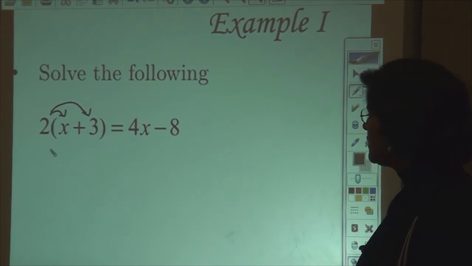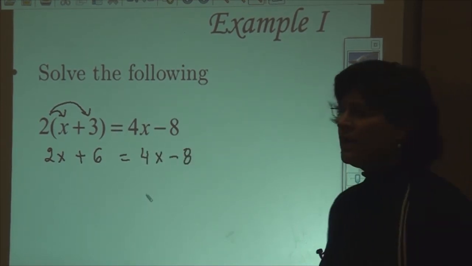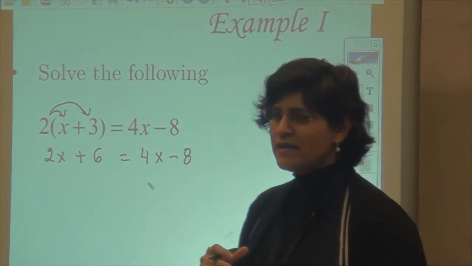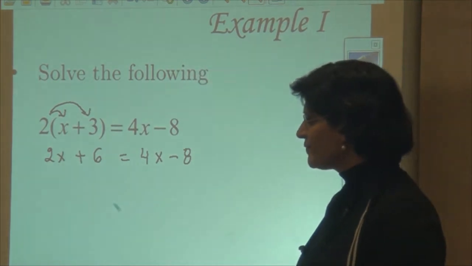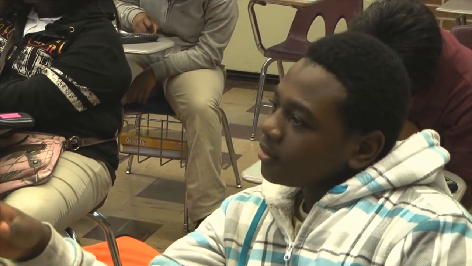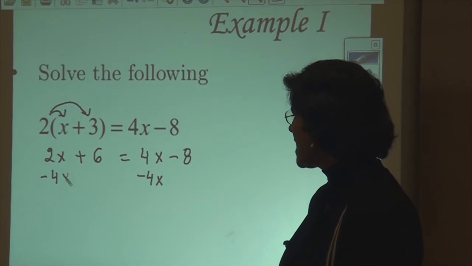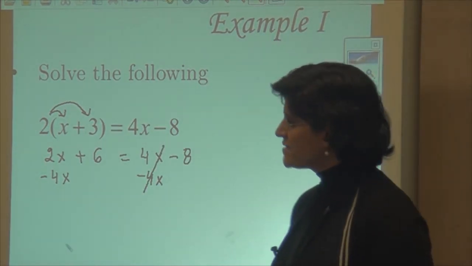So, let's distribute. We will get 2x plus 6 equal to 4x minus 8. Now the next step is we try to get the variables on one side and the numbers on the other side. That's the whole concept behind it. Let's subtract 4x on both sides, and the two 4x's get cancelled.